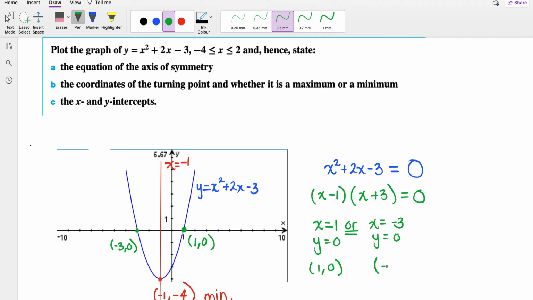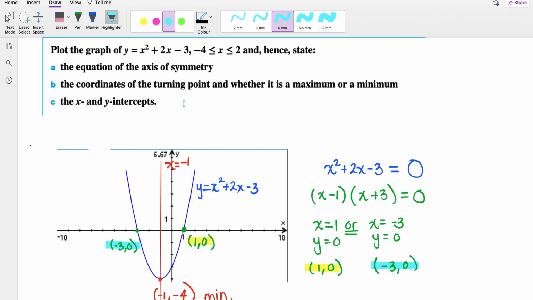So this point is -3, 0. Notice here, girls, that this point is this one, and this point is this one. Okay? Wonderful, girls.